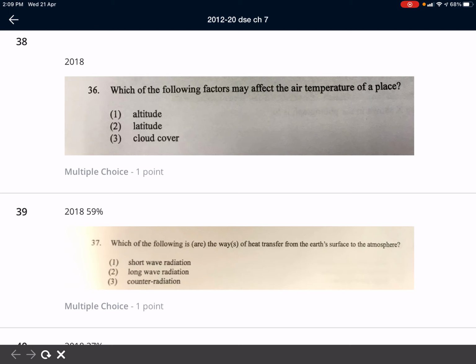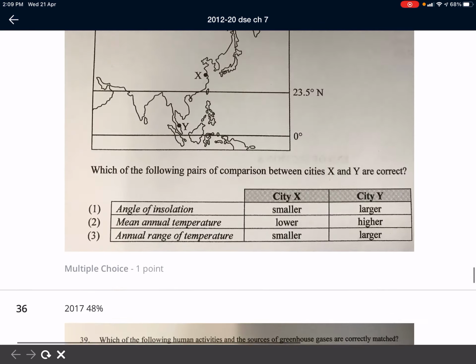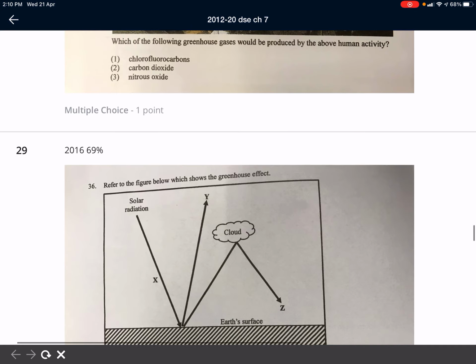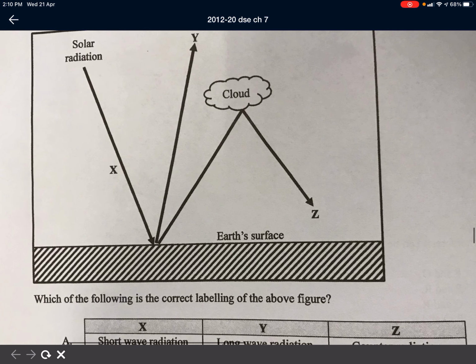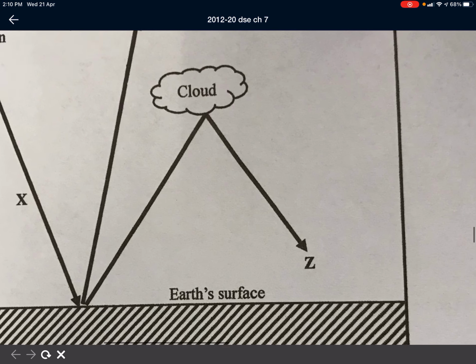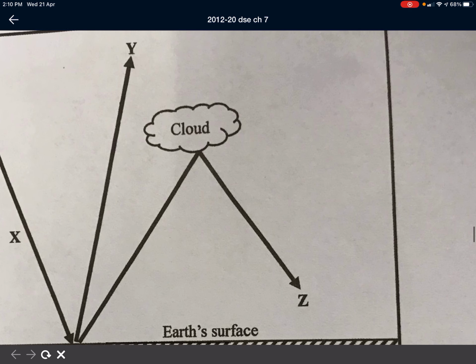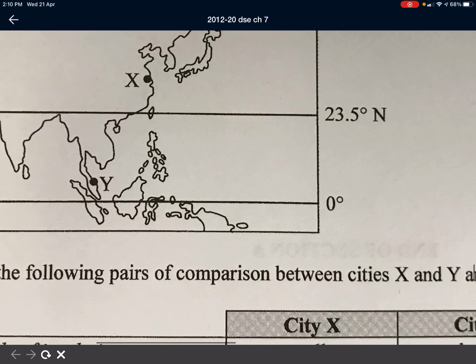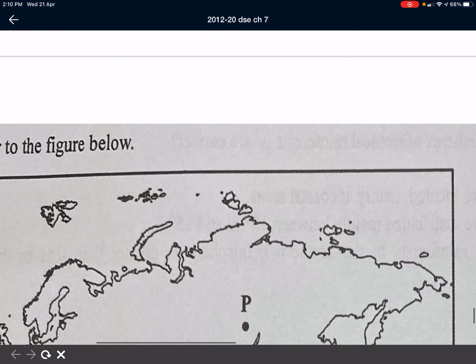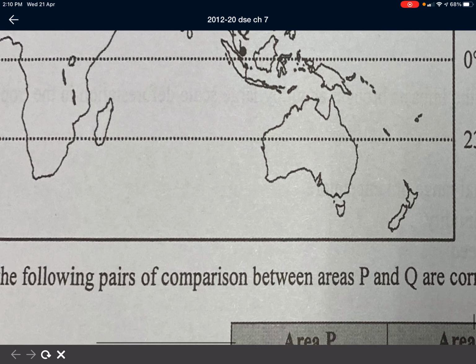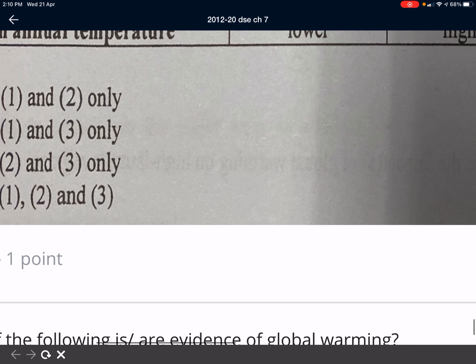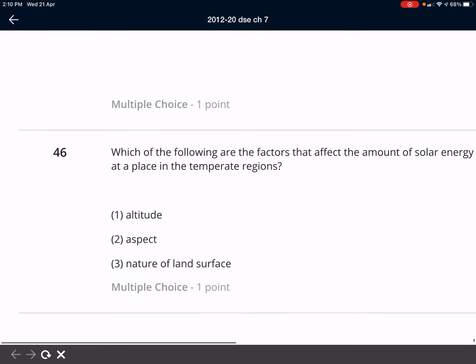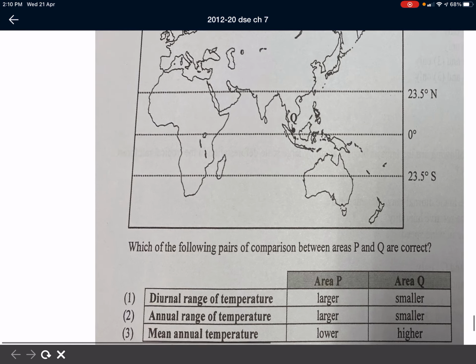How about number 3? Number 3 also looks correct. You may refer to this question: from the Earth's surface going to the atmosphere, Y is long wave radiation and Z is counter radiation. So 2 and 3 should be the answer. Let's see, wait a minute. Oh, 2 only.